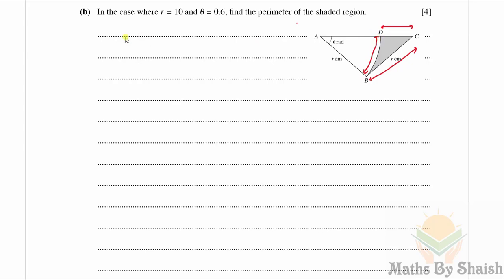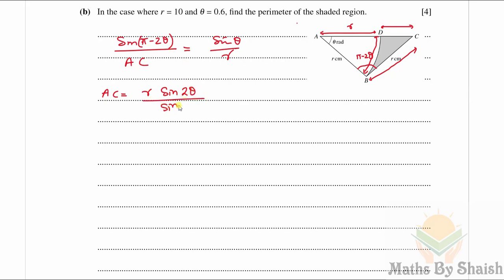So first of all, we'll calculate AC, and we can subtract AD because AD is already r, because it's a radius, and AC we can calculate with the help of the sine rule. This angle is pi minus 2 theta. So sine of pi minus 2 theta upon AC is equal to sine theta upon r, these two, and hence AC is going to be, I cross multiplied, r sine of pi minus 2 theta, which is sine 2 theta, upon sine theta.